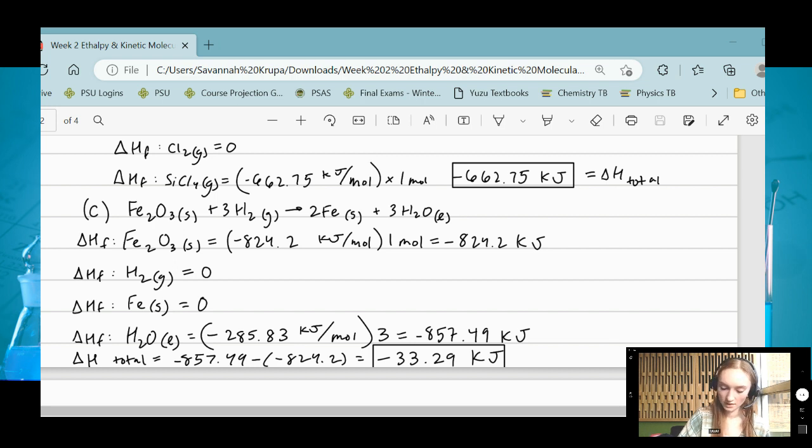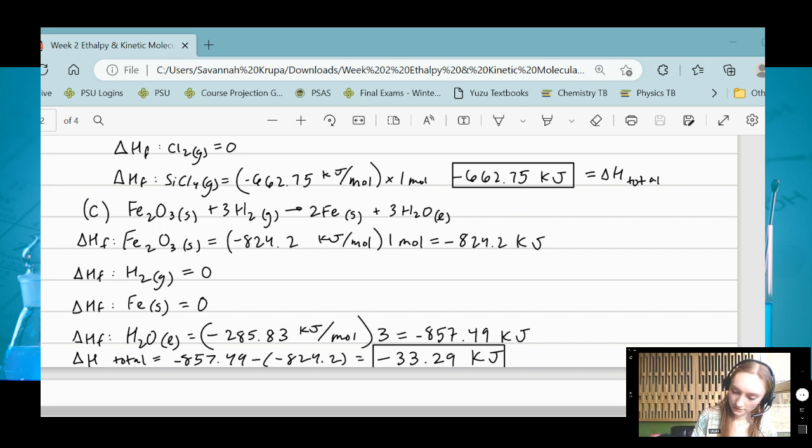Unlike the last ones, where we could just write down the non-zero value of the enthalpy, this one we need to keep track of the products and reactants more thoroughly. The water is the product, and the iron oxide here is the reactant. When you're finding the total enthalpy value, you subtract the reactants from the products.